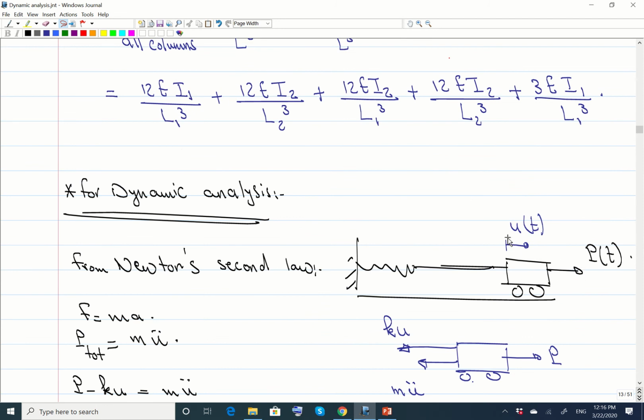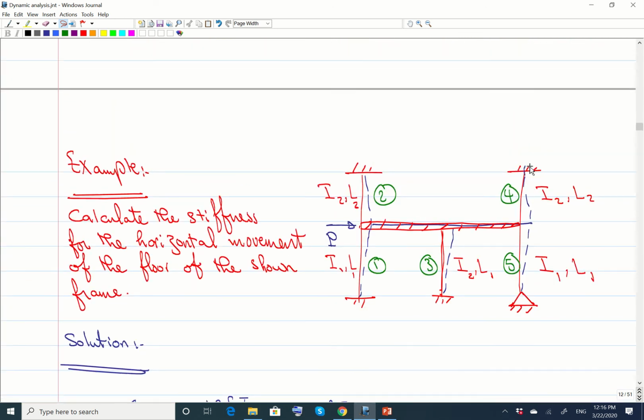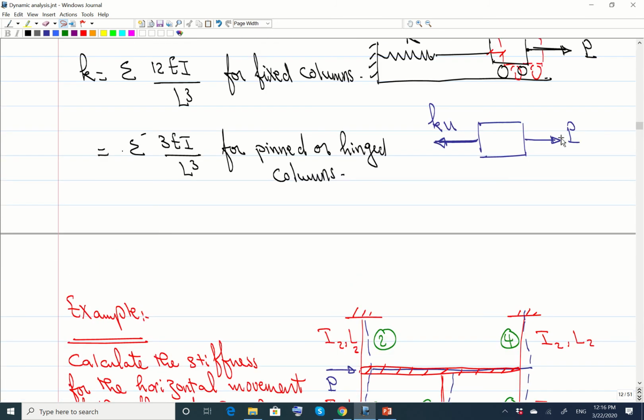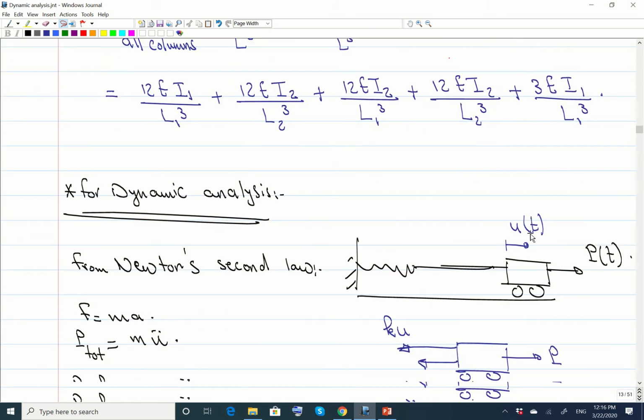You apply a force, there will be a displacement U. But now, if this force is not just a constant force as we had previously, where P was a constant value equal to KU, and that's it, that's the static equation.